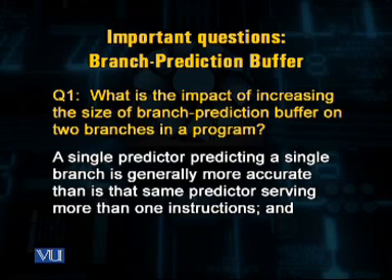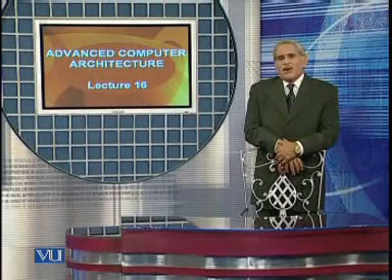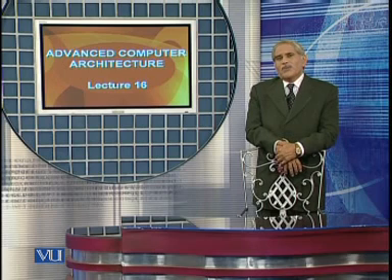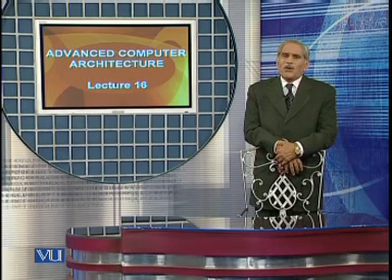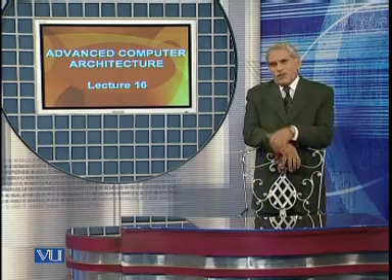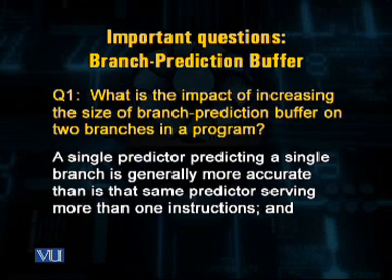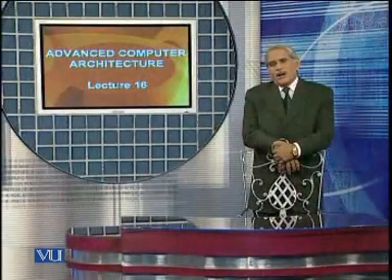Therefore, we can say that under this situation, the performance of a single branch predictor cannot be increased, or the number of mispredictions cannot be reduced, by simply increasing the size of the buffer. This we also discussed with the help of a comparison chart, and we found that if we are using a 4K entry branch predictor and an unlimited entry branch predictor, there is almost no difference in the performance.